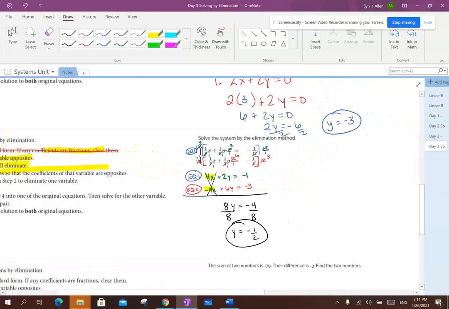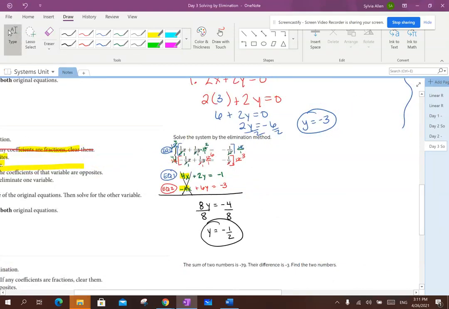Step 5 says to go into the original equation. I'm okay with doing it right here with equation 1, even though you should do the original. But equation 1 says 4x plus 2y equals negative 1. So I've got 4x plus 2 times negative 1/2. Does that equal negative 1? Well, actually, I'm not checking it. I'm actually solving for x.